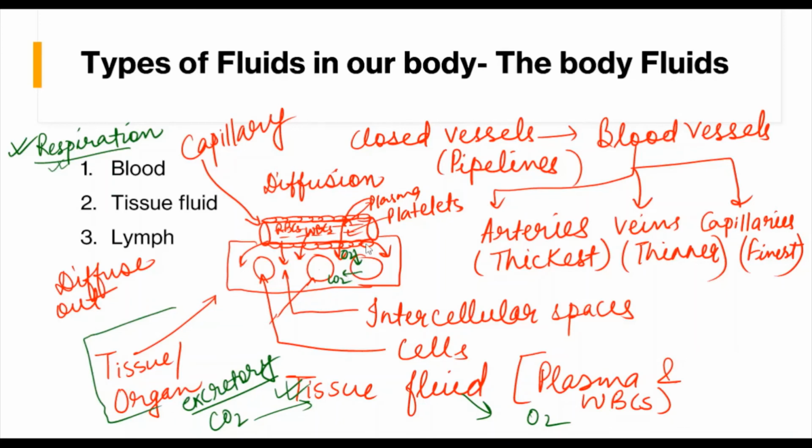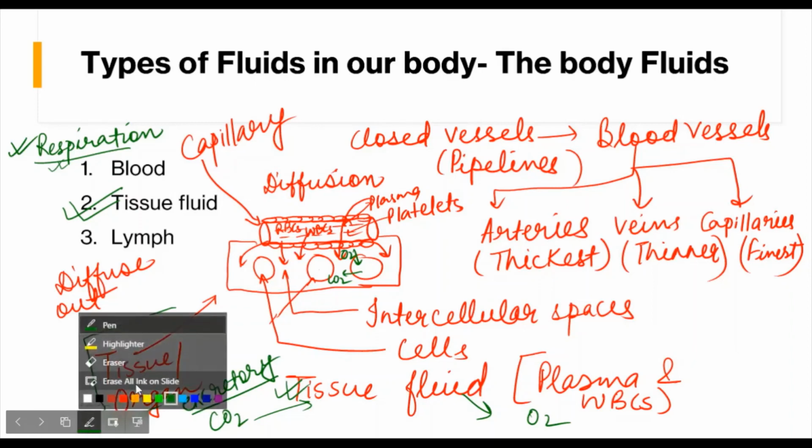Like this, it is serving as a part of the circulatory system. I hope now it is clear how tissue fluid serves as a part of the circulatory system. So tissue fluid is also very important, children. All the parts of the circulatory system, all the body fluids, they all have their own significance.